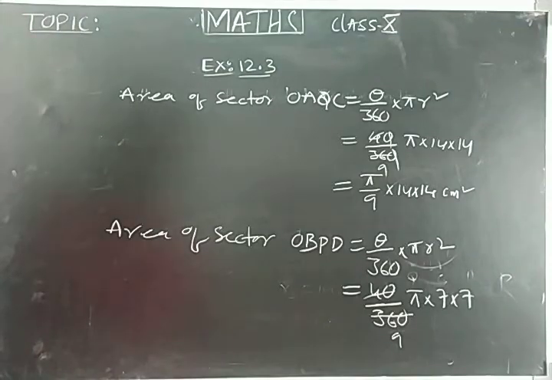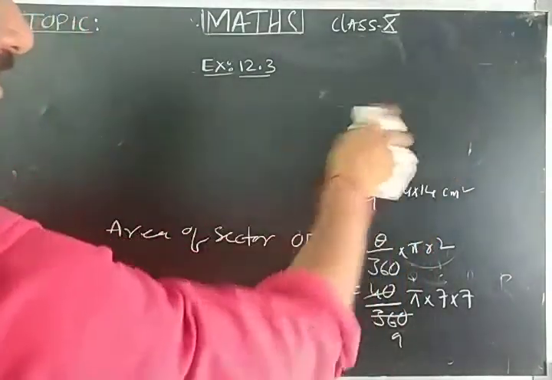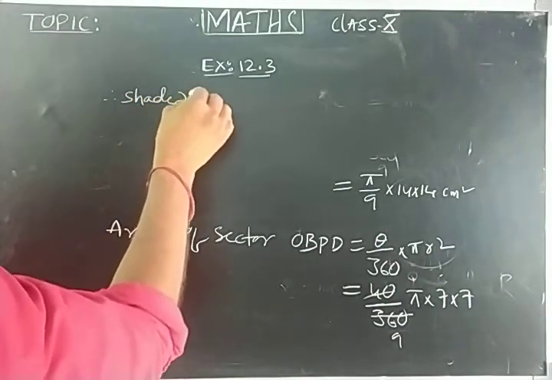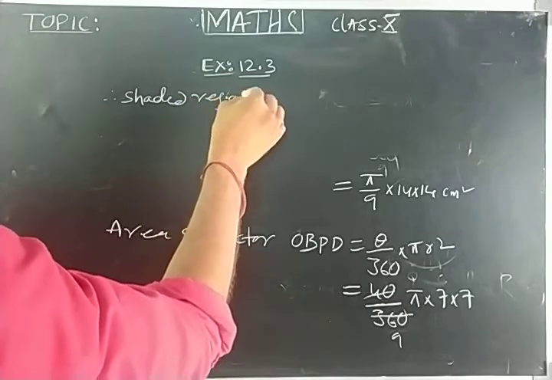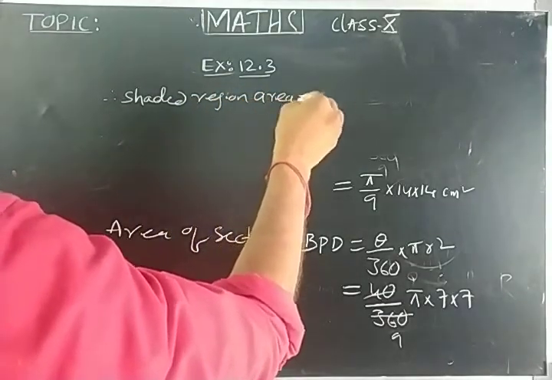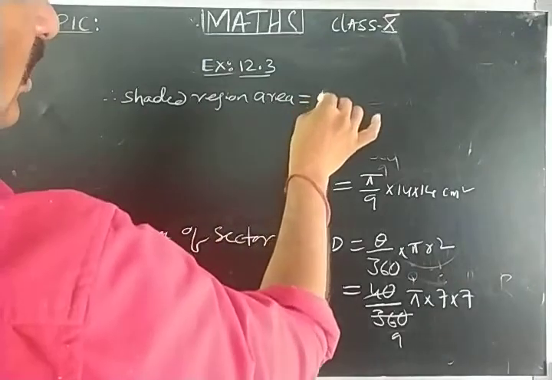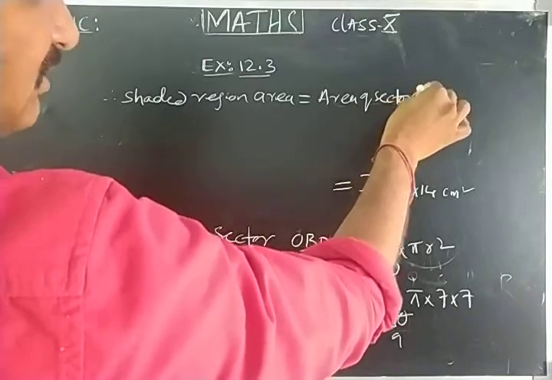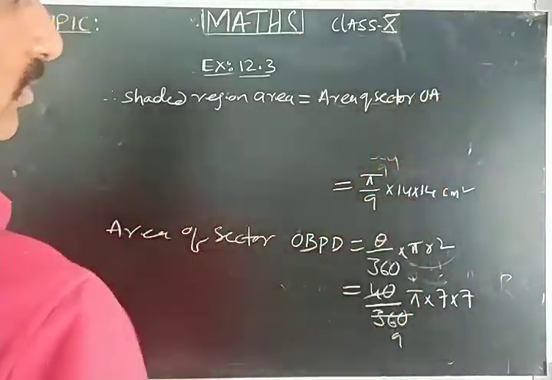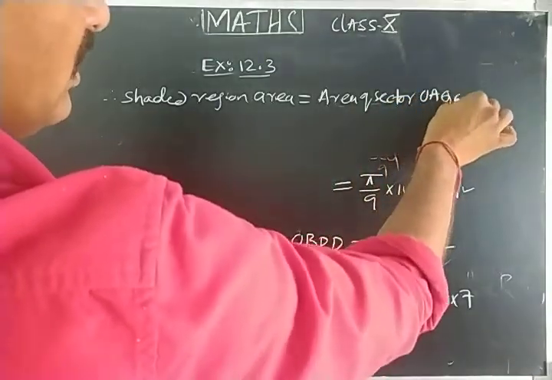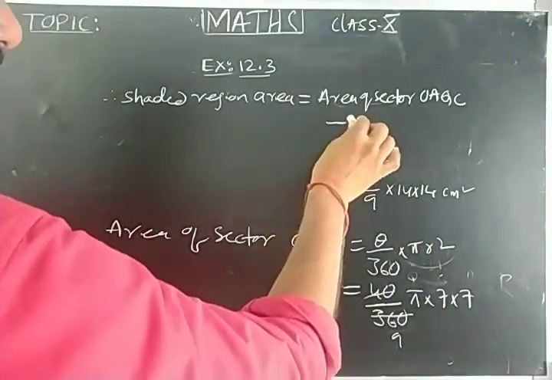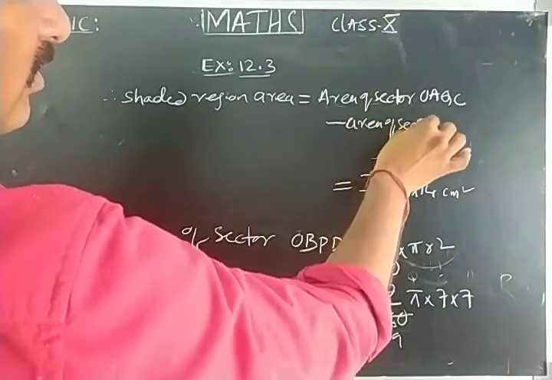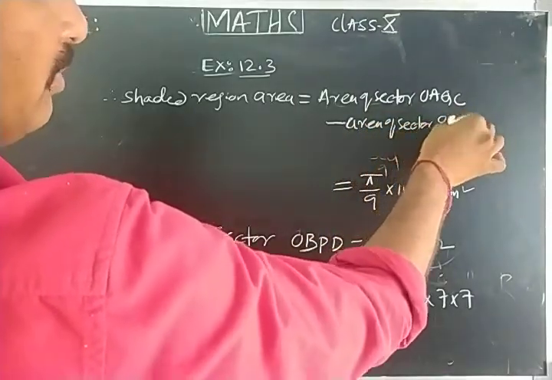Now I need the shaded region area. Now therefore shaded region area is equal to the area of sector OAQC. From the area of the sector OAQC, I will subtract the area of sector OBPD.